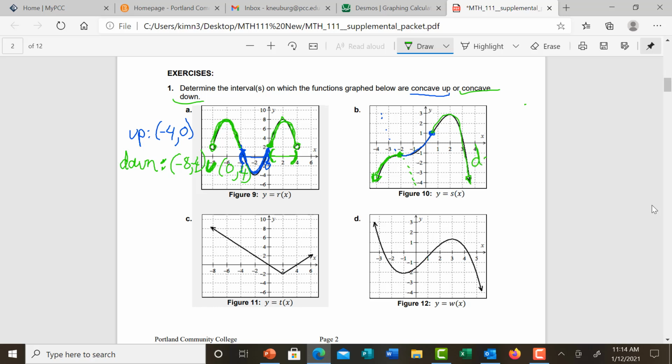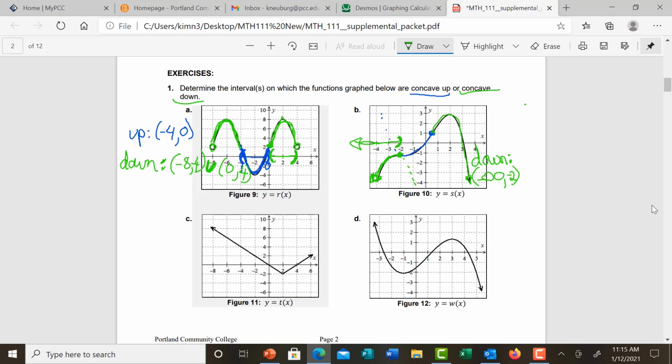Let's do the down first, because I've got green out. The first down, since we have the arrow here, is coming up from negative infinity way out here until we get to -2. I don't have enough room there, so I'll put it right below: from negative infinity to negative 2.